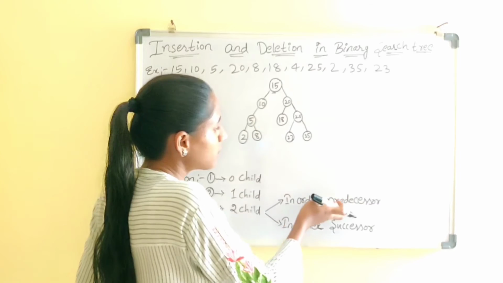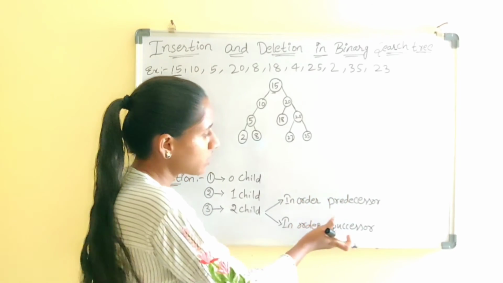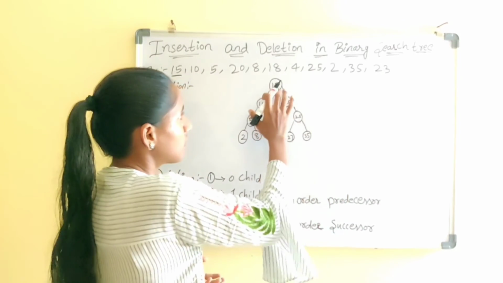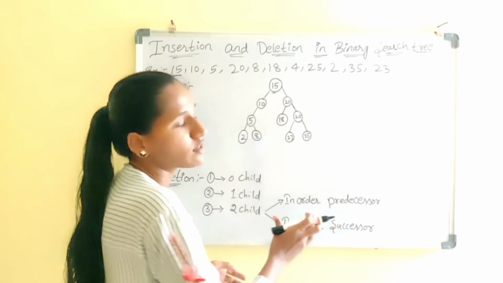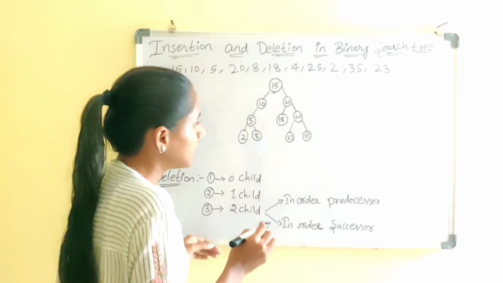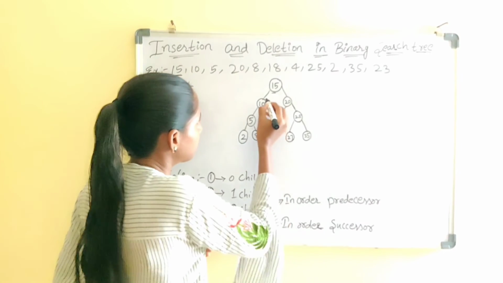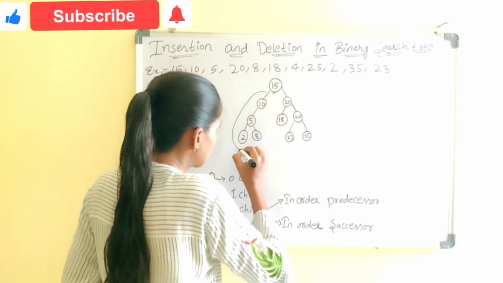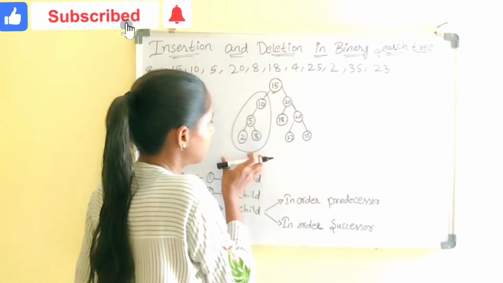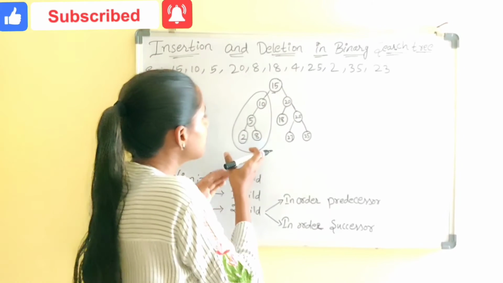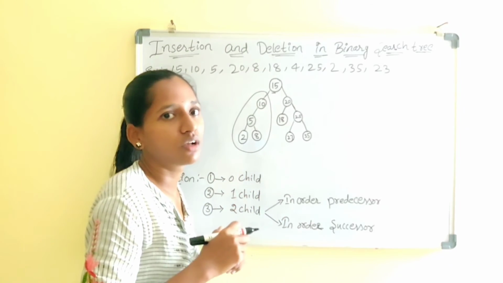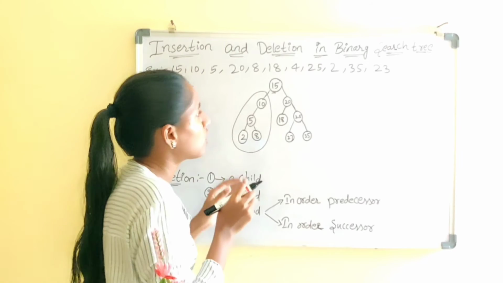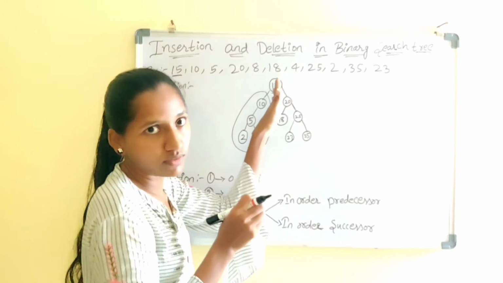Here we can use the in order predecessor or the in order successor to replace this node. If we take the in order predecessor, when we consider the left subtree, we have to choose the node having the largest value to replace this node.